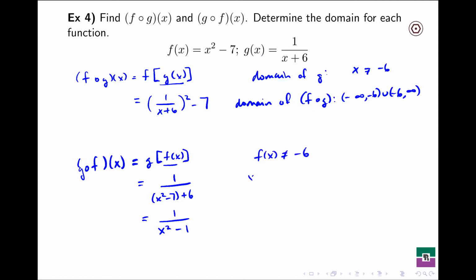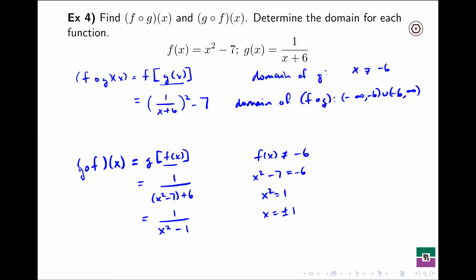Let's find out what value we're going to have to throw out for the domain of this composition. So I'm solving this, moving the 7 over, taking the square root of both sides. It looks like plus and minus 1 would be bad.